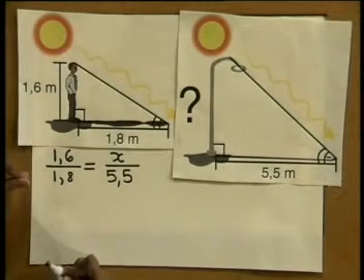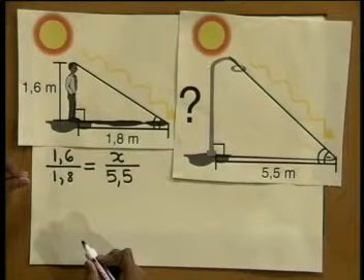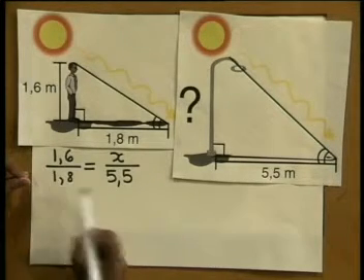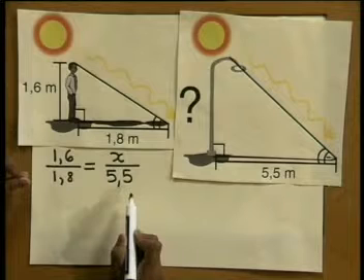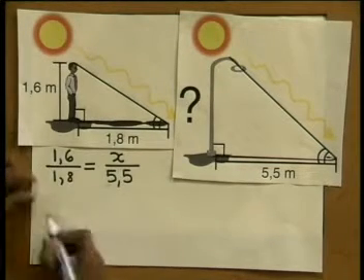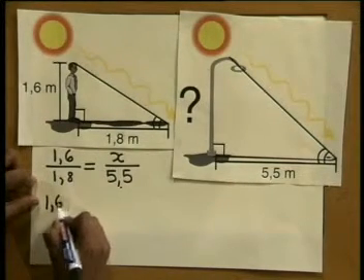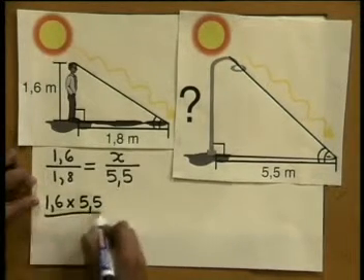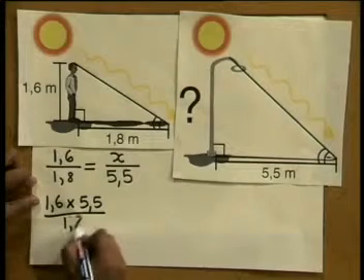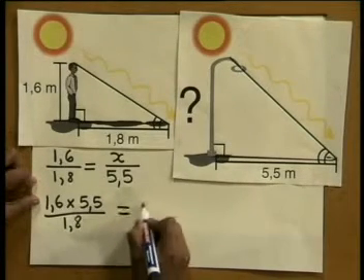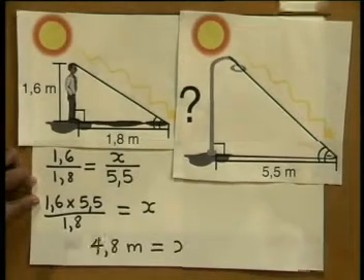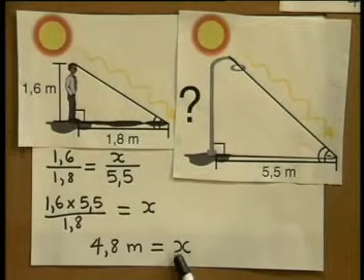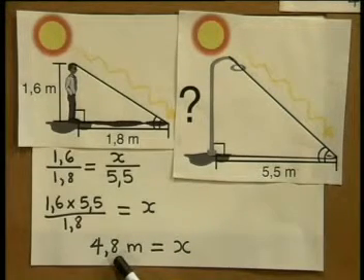This is called a similarity proportion equation. Now, if we multiply both sides of the equation by 5.5, it looks like this. 1.6 multiplied by 5.5 divided by 1.8 is equal to x. So the length of the lamppost is 4.8 meters.